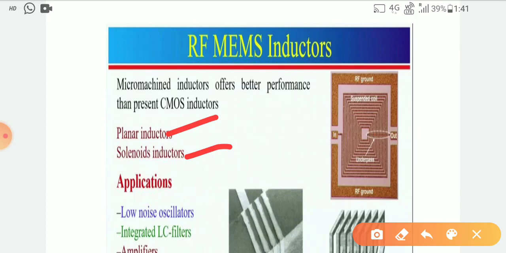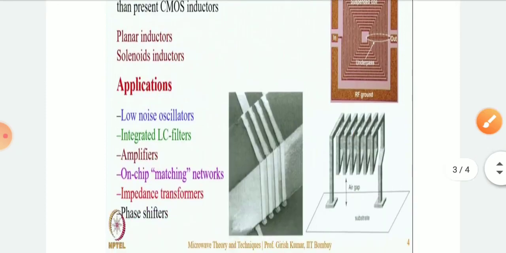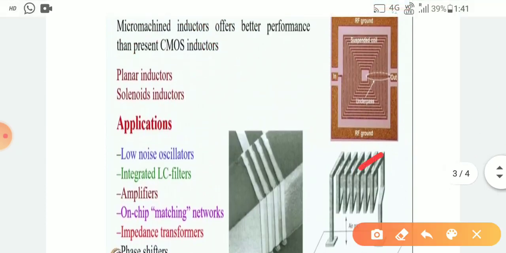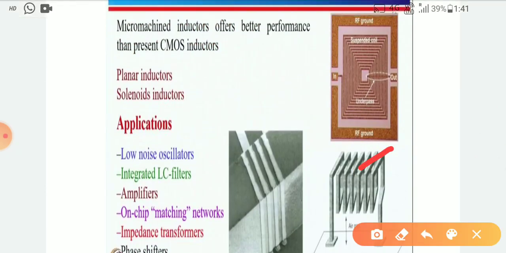The spiral inductor inductance can be increased by increasing the number of turns. So you can see here the number of turns is increasing. But the capacitance between the turns reduces the quality factor.